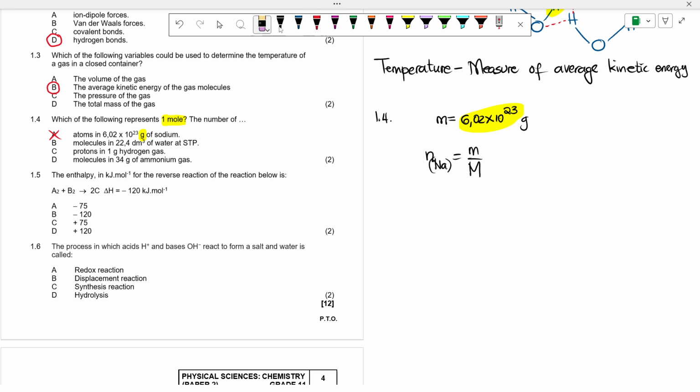Then we can look at option B. Option B says the molecules in 22.4 decimeter cubed of water at STP. So it says 1 mole is equal to the molecules in that amount of water at STP. Water is not a gas, is it? But it's listed as STP.